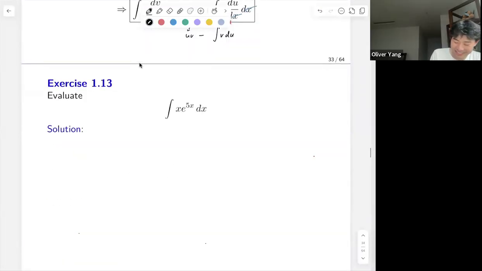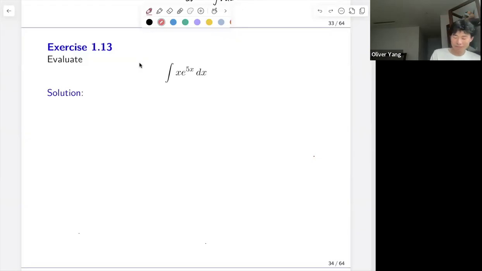So for the first one, we can see that this is a classic example of when to use by parts, right? Because you've got a product between two functions, but if we let u be one of them, we're not going to be able to cancel the other one out. So what is the thing that we can get rid of? Well, if we derive x, we're going to get rid of x, right?